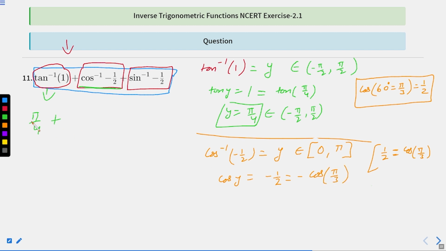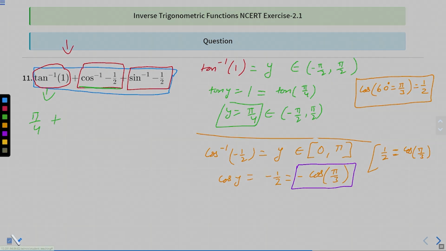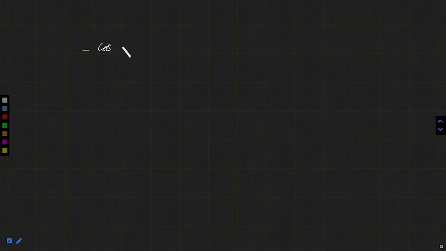Okay. Now whenever you face such a thing, what will you do next? If you see minus cos theta, then you will put pi minus theta. Why?